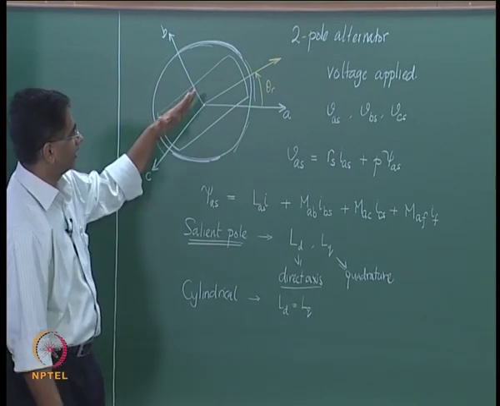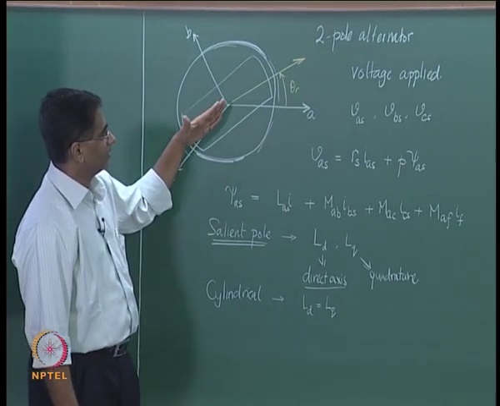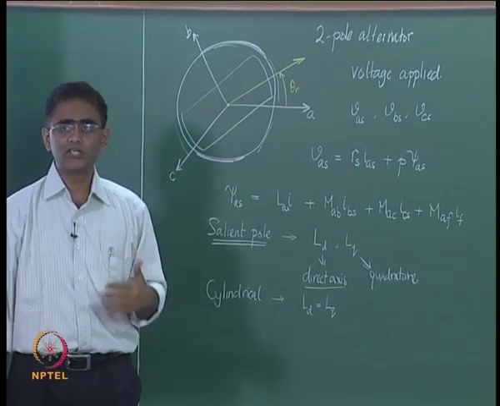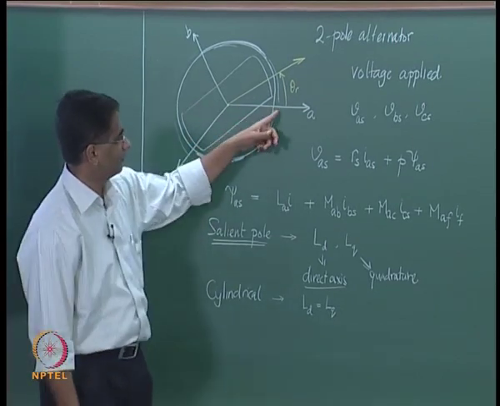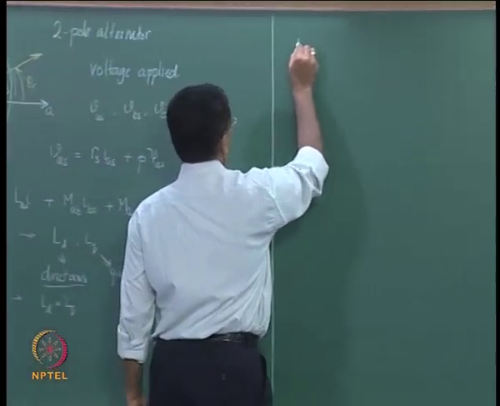Salient pole rotor having its rotor axis oriented here. Then we have already determined an expression for the self inductance of the stator A phase. So let me write that down, what it would look like.